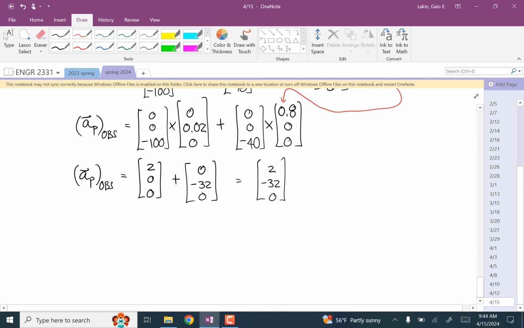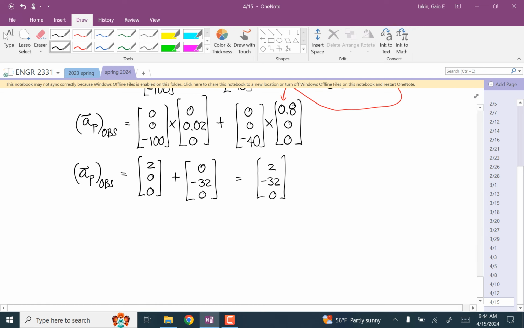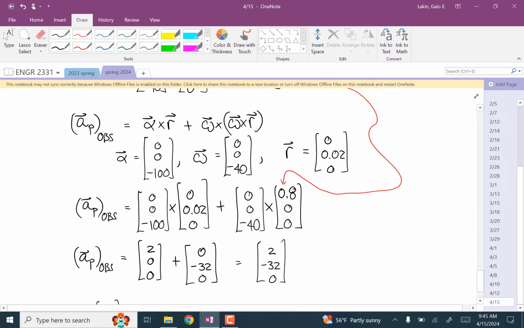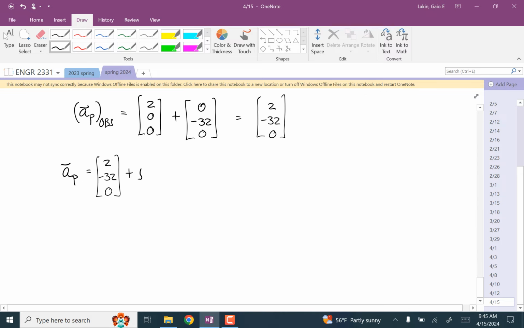Now we have all the pieces we need. So the total acceleration of P is equal to 2, negative 32, 0, plus our capital omega dot is 0, so this thing goes away.